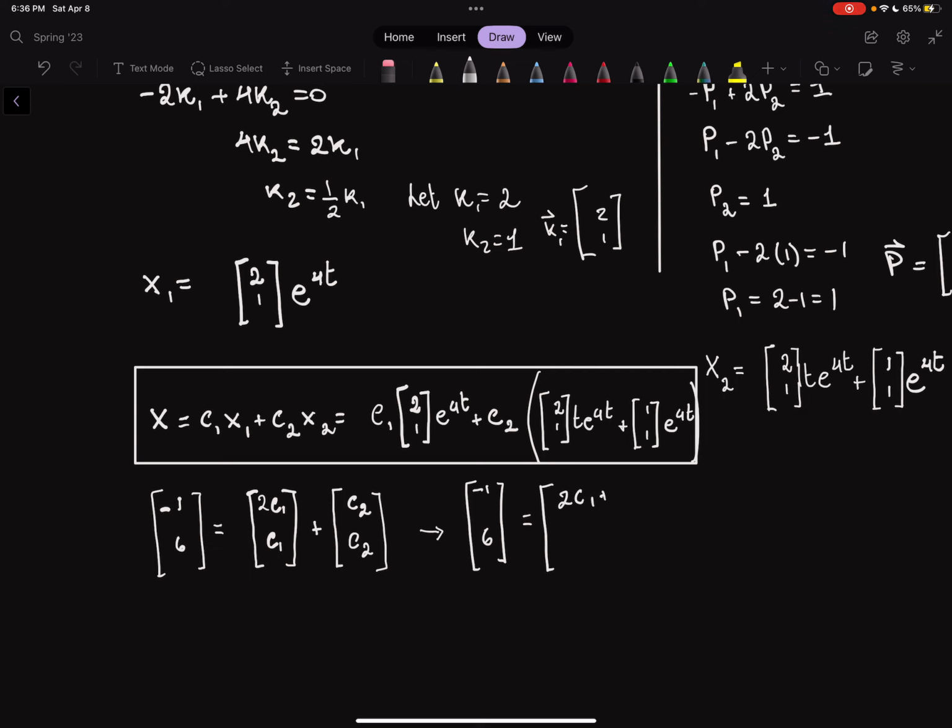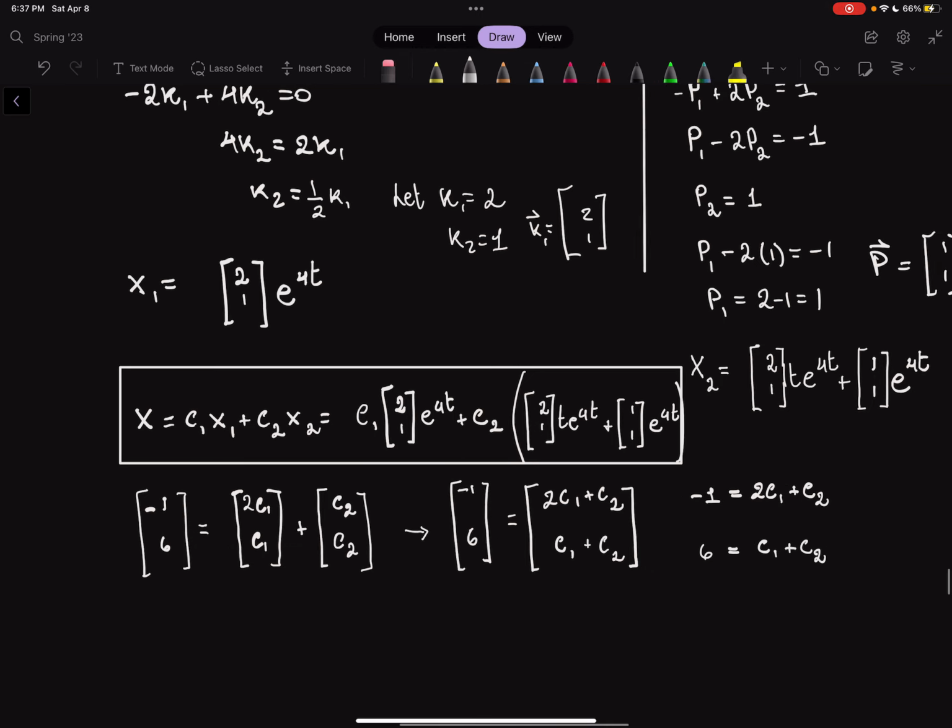So 2C1 plus C2 and C1 plus C2. And so we can say -1 is equal to 2C1 plus C2, and 6 is equal to C1 plus C2.